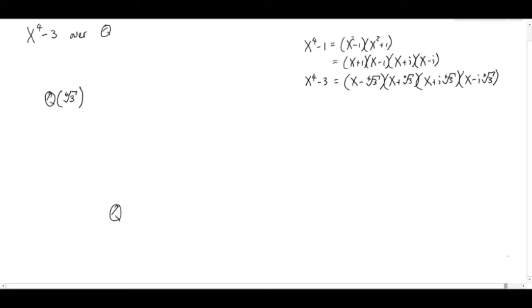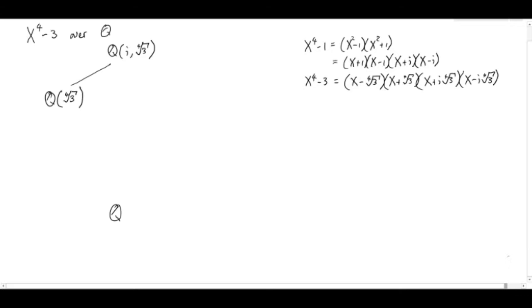If we wanted all of these roots in one field extension, we would also have to adjoin i to this field. And once we've done that, we've got all four roots. In other words, this is a Galois extension over Q.